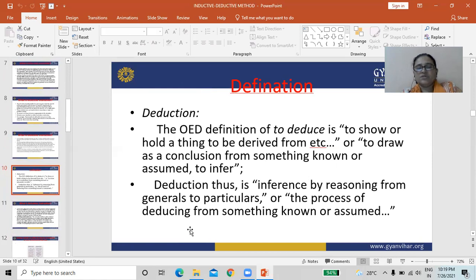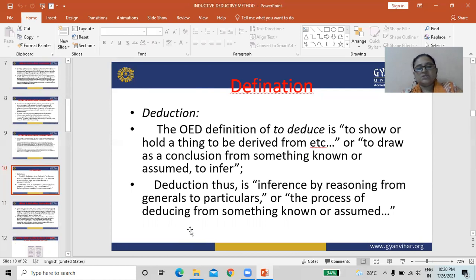Definition of deductive method. Deduction, according to the Oxford English Dictionary, the definition of deduce is to show or hold a thing to be derived from something, or to draw as a conclusion from something known or assumed, to infer.